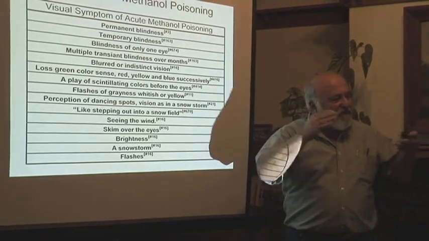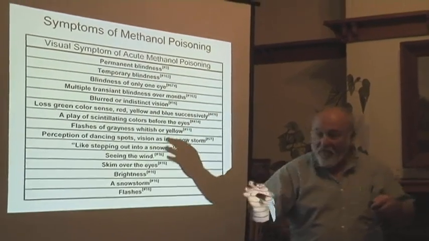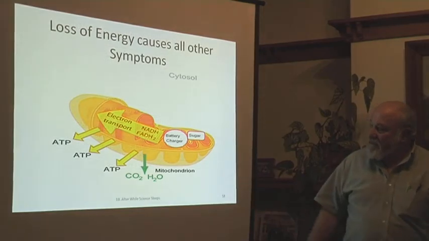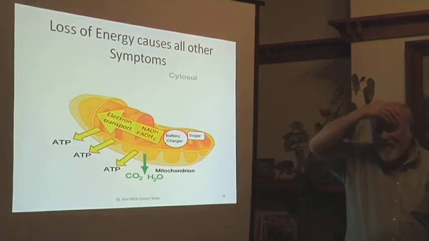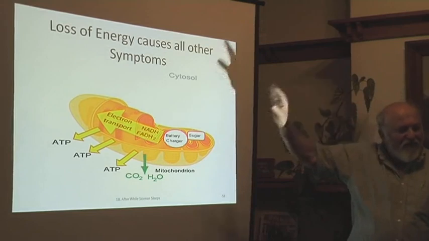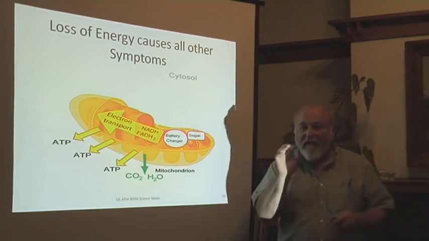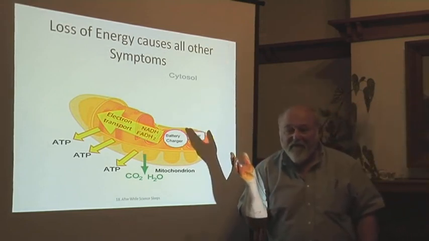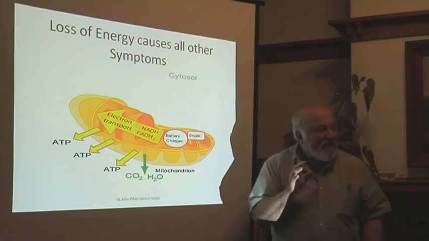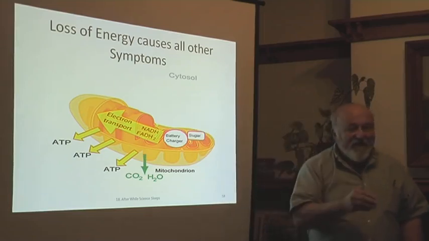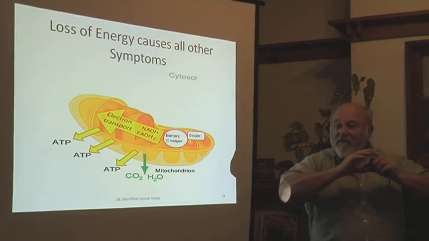And so you get these strange visual things in both methanol poisoning and in multiple sclerosis. I'll just show you a little bit. You don't have to memorize it, but these mitochondria are amazing things. Every single cell in your body has to have them. What they do is produce energy in the form of these little molecules.